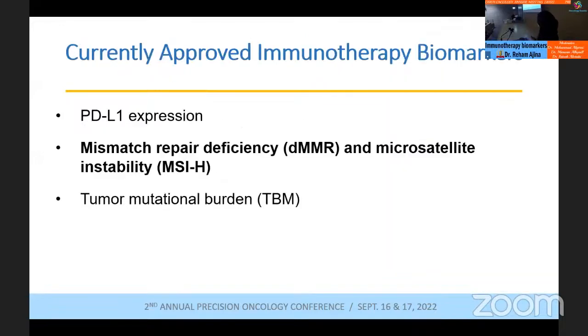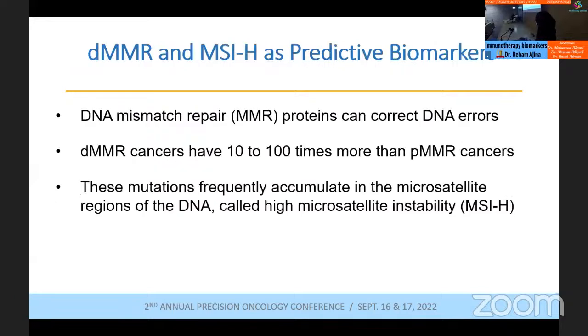The second biomarker is mismatch repair deficiency and microsatellite instability. So what are mismatch repair proteins? They are a set of proteins that function by correcting the DNA. If there is DNA damage, these proteins work to correct it.